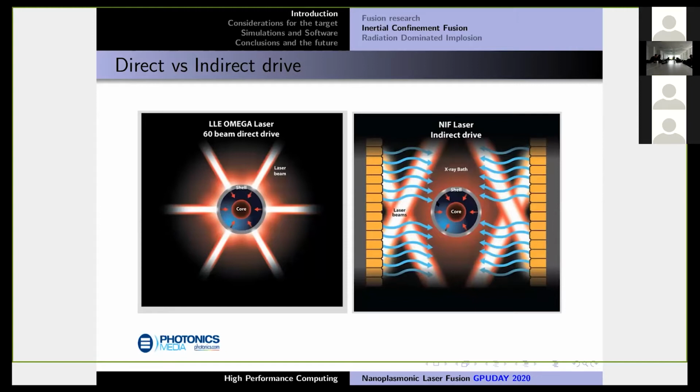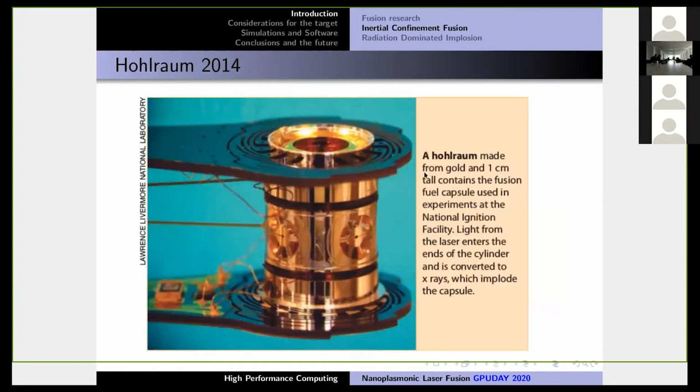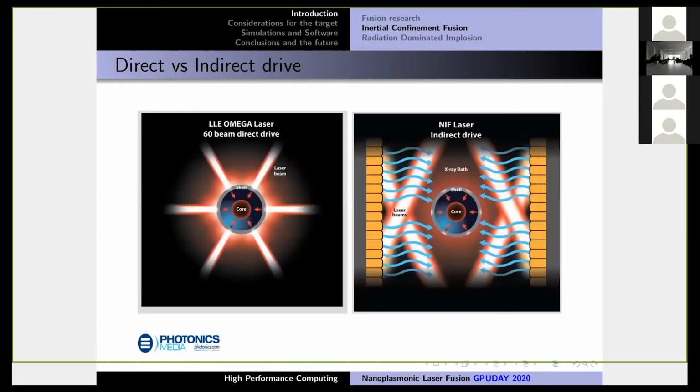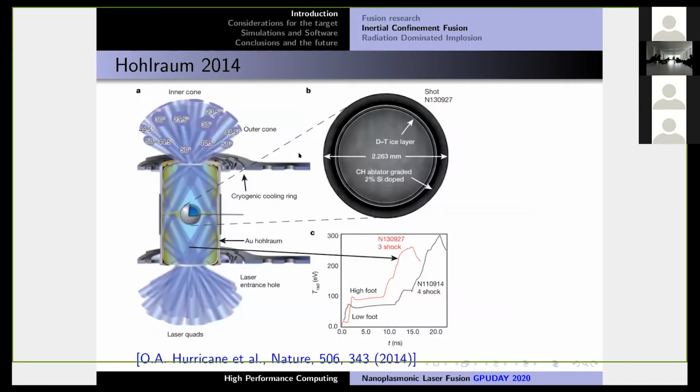The biggest experiment is at the National Ignition Facility, Lawrence Livermore, where it is an indirect drive, where the laser beams come inside the hohlraum through the two holes on the top and bottom of the hohlraum.